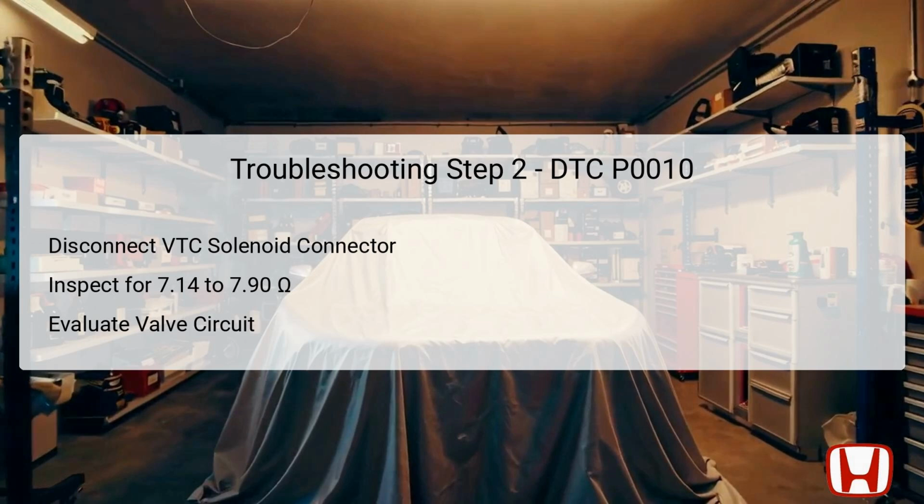Following this, an ohm meter or multimeter should be used to check the resistance across the terminals. The expected value should range between 7.14 to 7.90 ohms at room temperature. If the reading falls outside this range, it suggests an internal issue with the VTC oil control solenoid, indicating that the circuit is possibly shorted or open.